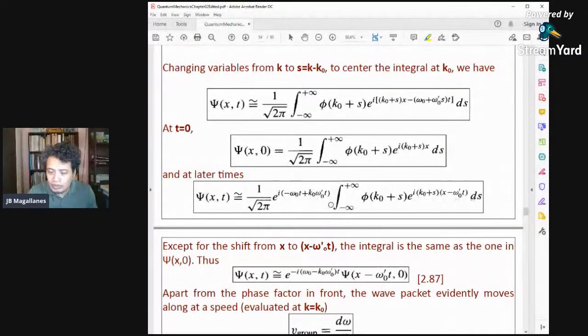I mean, you're just integrating with respect to s here, so your t can go out also. k sub 0 is constant. Omega sub 0 prime, or first derivative of omega evaluated at k equals k sub 0, is also just a constant. So you can take these things out of the integral and have this.